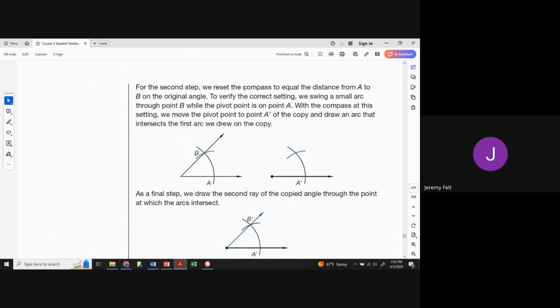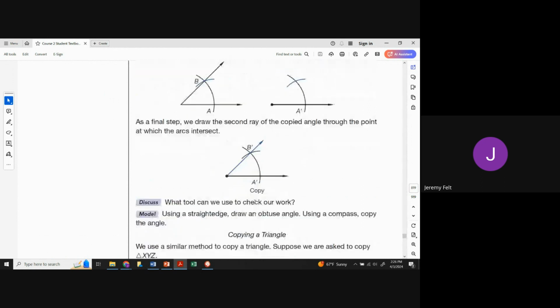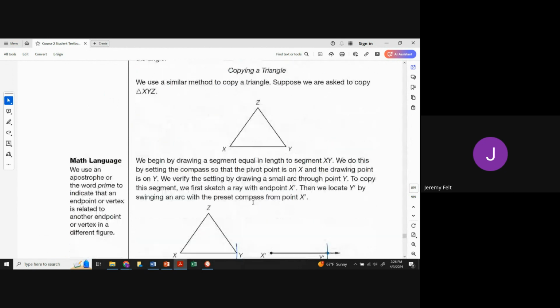For the second step, we reset the compass to equal the distance from A to B. So from A to B in our original, now A to where we want B to be here, and we swoop it through. So we know that's going to be the point where they cross. The line has to go through that point, whatever polygon it is, or if we're just copying an angle, we know it goes through and it's going to be the same.